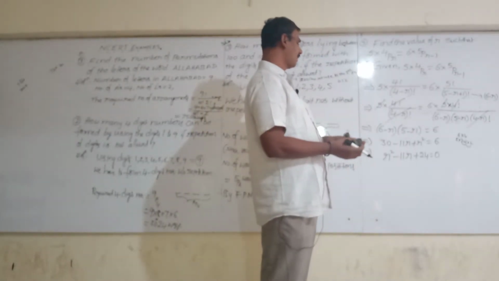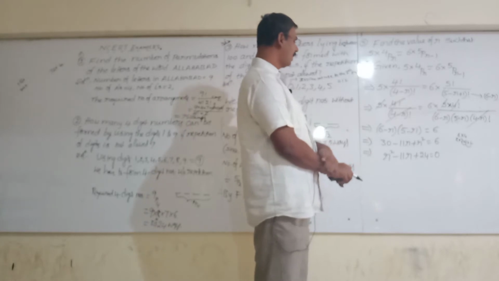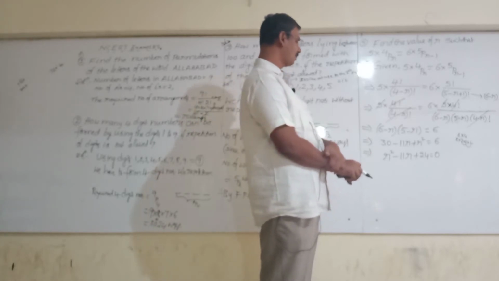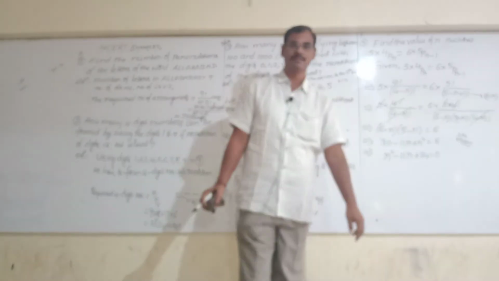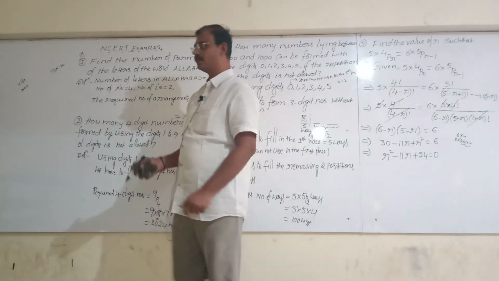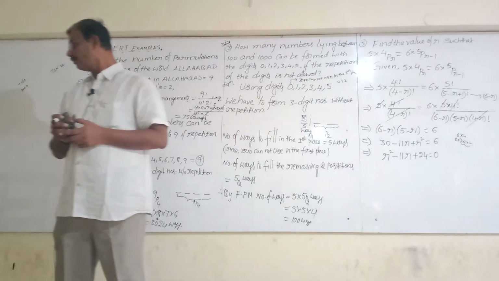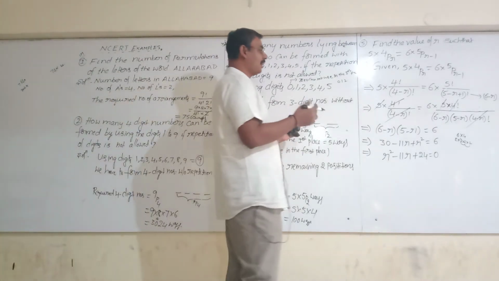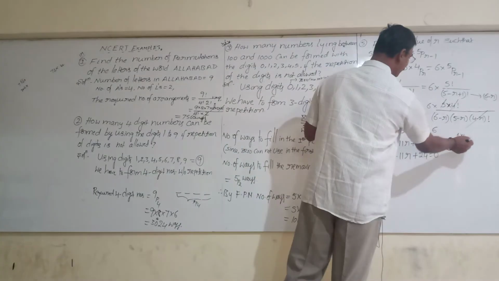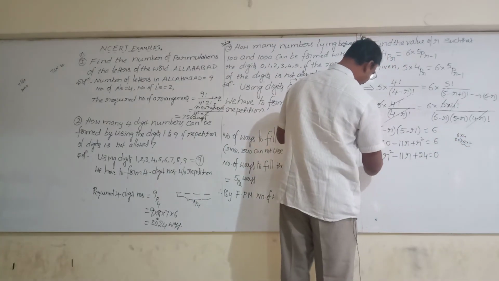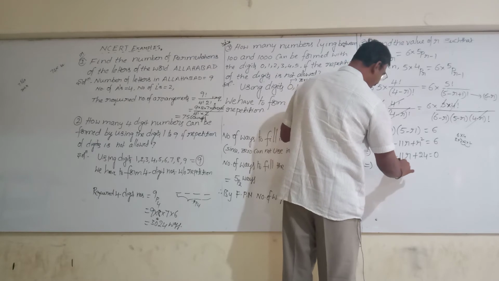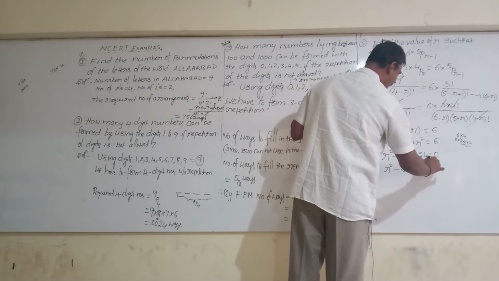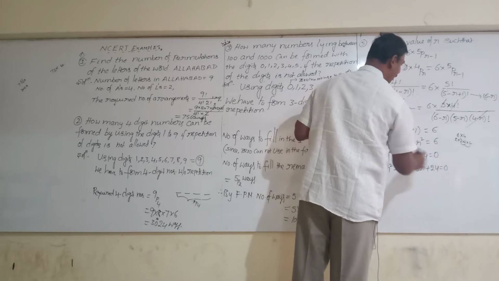What are the factors here? r square minus 11r plus 24 is equal to 0. So middle number is 11. How to write that one? Middle number, how to write? Is there any method? So 8, 2 to the 4 to the 8 into 11. So I can write this number r square minus 8r minus 3r plus 24 is equal to 0.